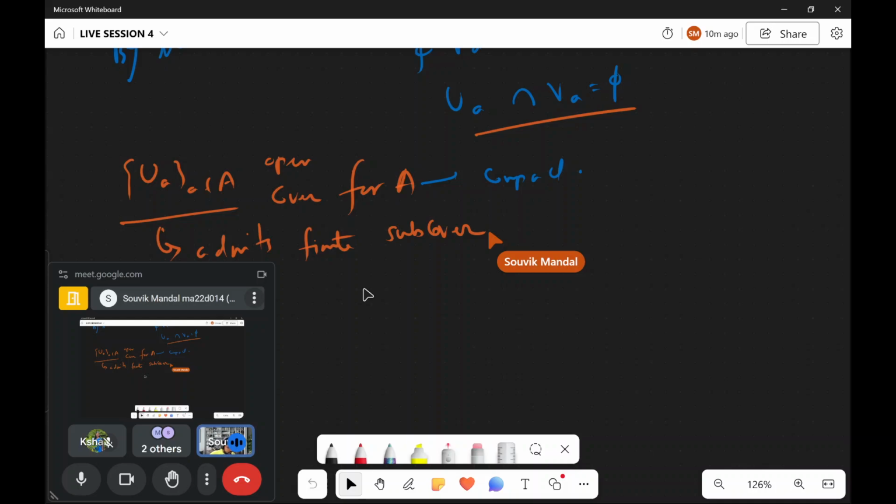Suppose that subcover is U_{a1}, ..., U_{an}. So this covers the whole set capital A.